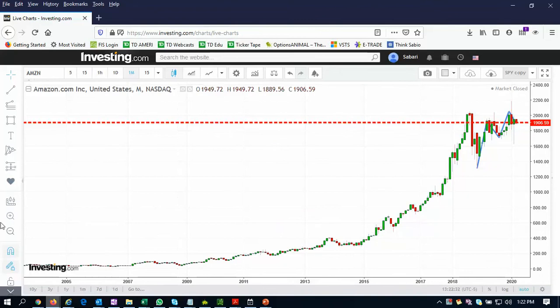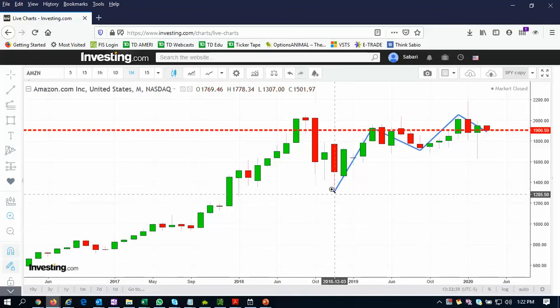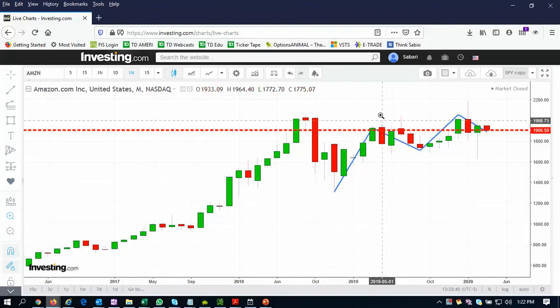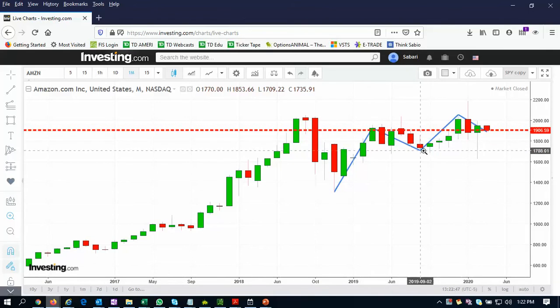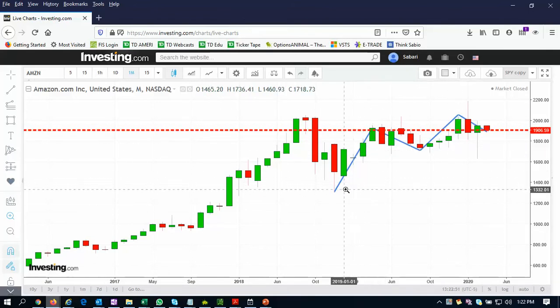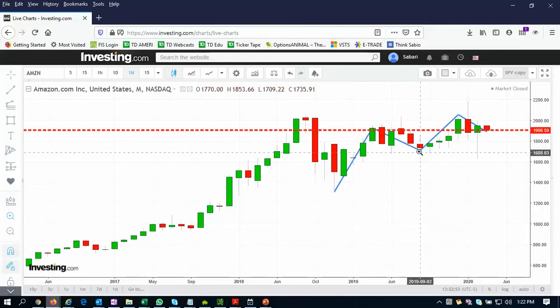So here if you see, this is a low, then a higher high, because this is higher than this low, then a higher low, a higher high. The combination of higher highs and higher lows is called an uptrend.